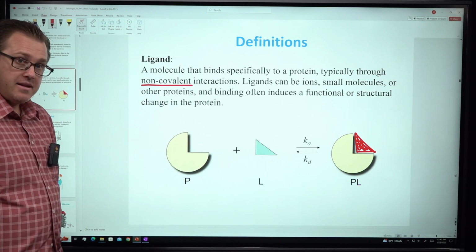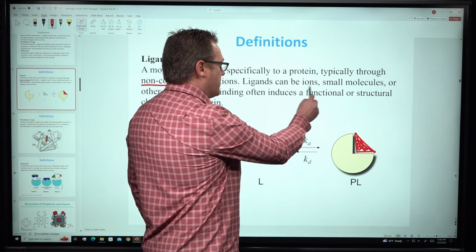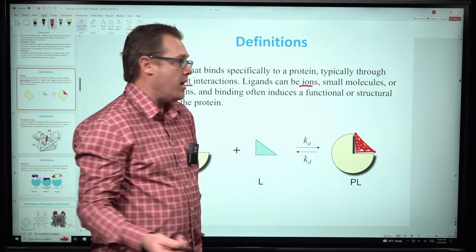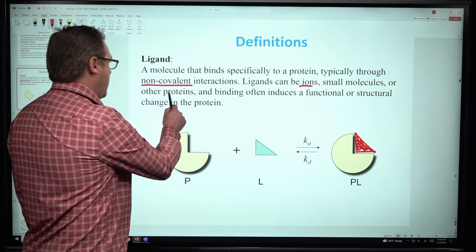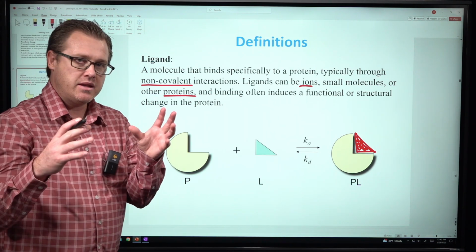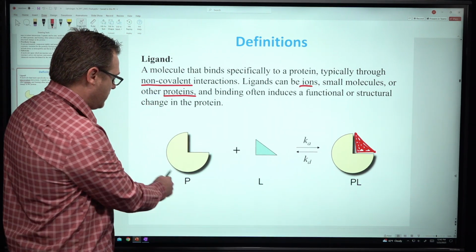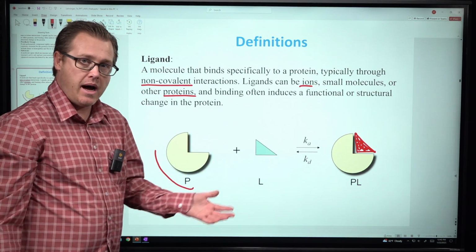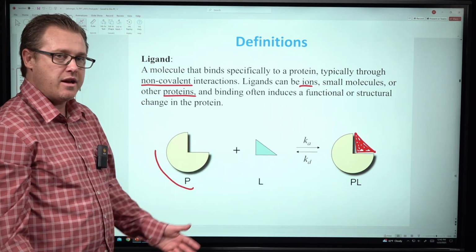Now these ligands can be ions, small molecules like oxygen. They can even be other small proteins. So when we have something relatively small in comparison to the protein that binds into a binding site, we can call that a ligand.